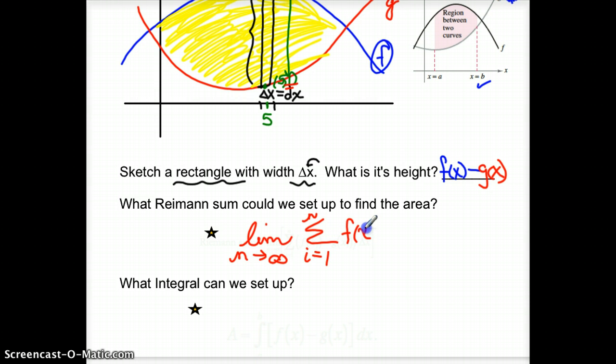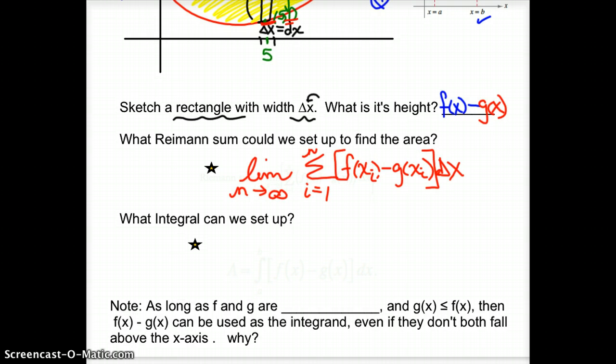Well, we find the height of every rectangle, and we multiply it by the width of every rectangle, which looks like this. Well, in ours, our height is actually the difference between f and g. So if I take the height of all those rectangles and multiply them by the width, I will get the total area.